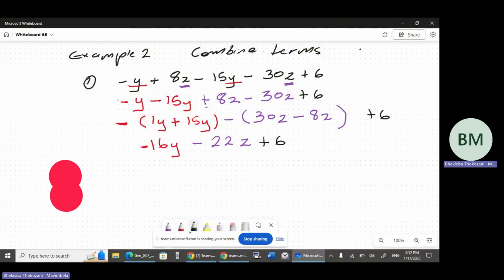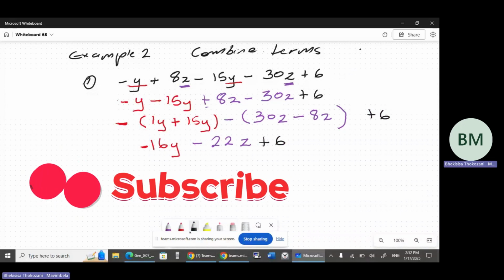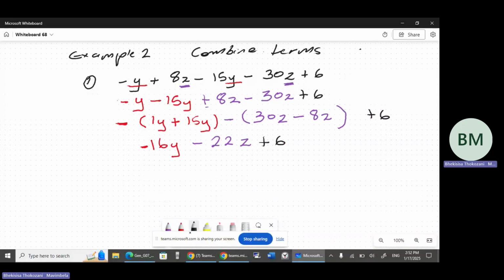So guys, you cannot add or subtract anything here. You have to leave it like this because y and z, these terms are not the same. Here we have y, and here we have z, and here we have 6. So we cannot add or subtract anything here.